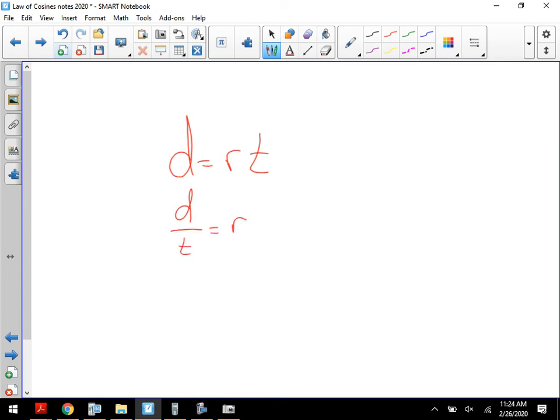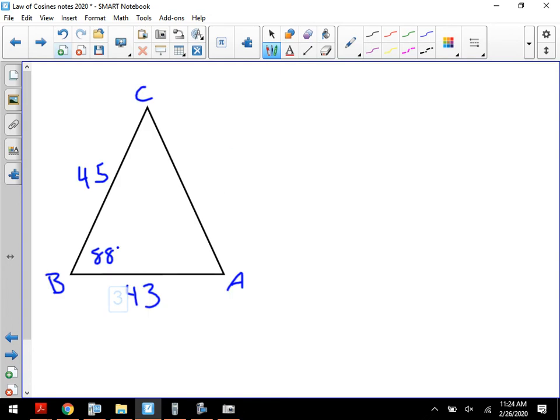Okay. What happens with law of cosines is that there's 3 different versions of it, depending upon what information you're working with. So, depending upon what angle you have or what side you're trying to find, you use specific things. So I'm going to write out the 3 before I explain why there are 3 of them. So, first one is this.